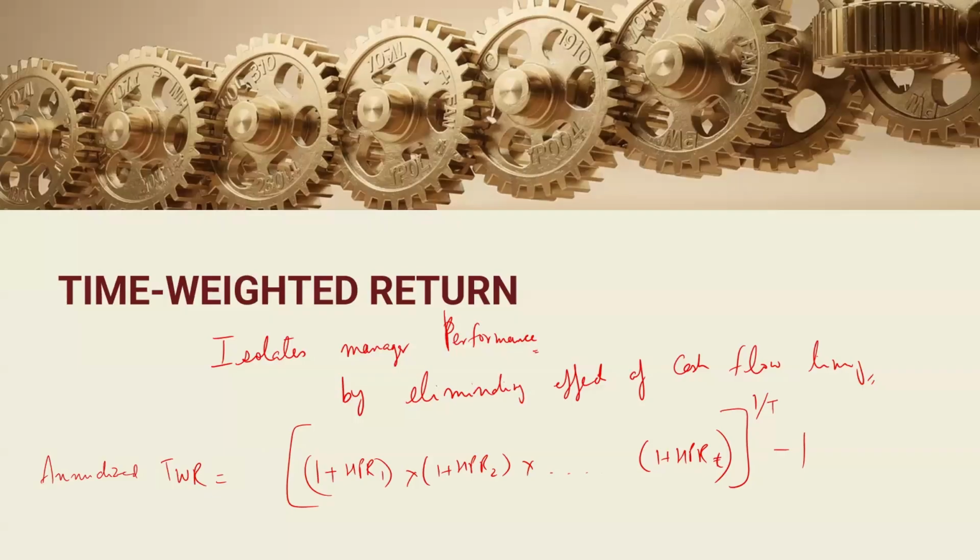To make this very clear, time weighted return is the linked return for each sub-period, giving the total return for the entire period, for which we don't need the 1 over t in the power. But if the period exceeds 1 year, generally we take the geometric mean to annualize it, and that is why we raise it to the power 1 over t, which is what the CFA Institute curriculum has done.